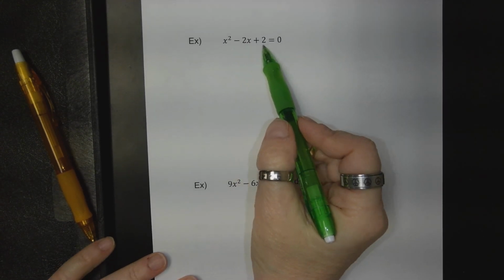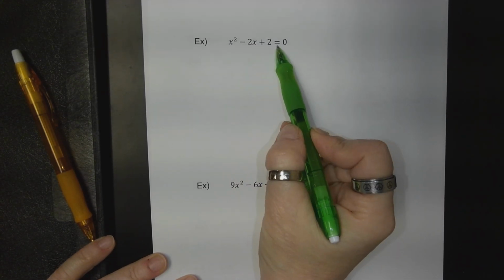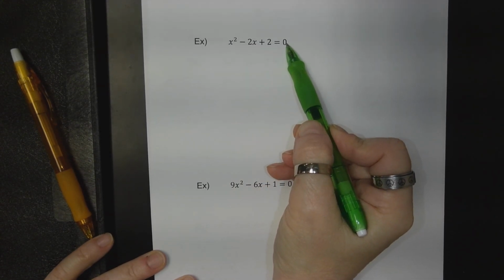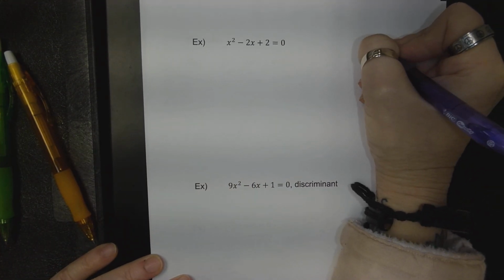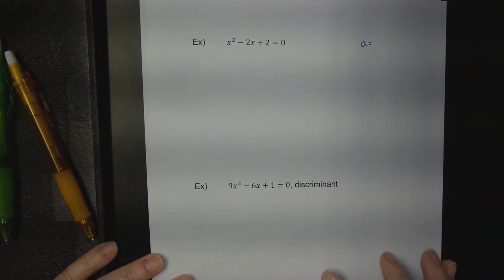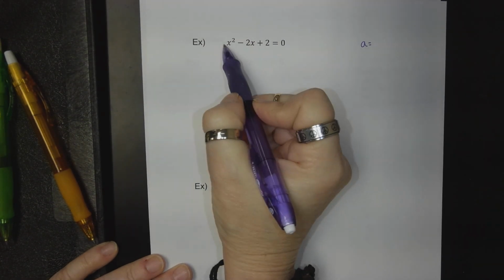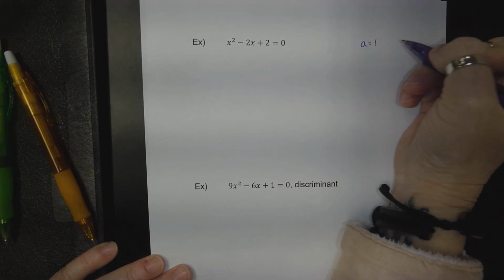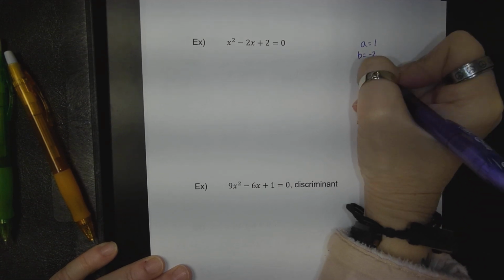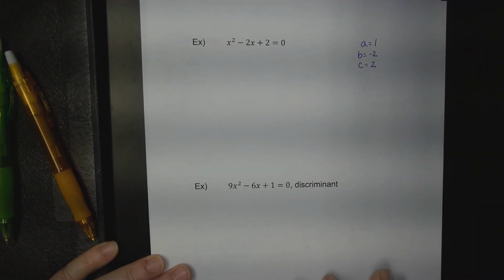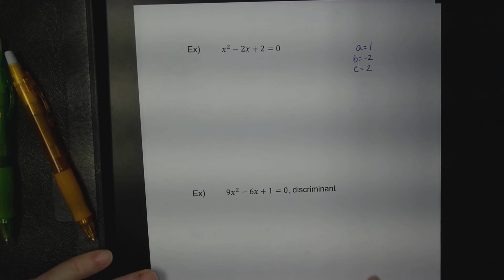Once again, it is already in standard form because we have a polynomial equals 0. So let's just go ahead and identify a, b, and c. What does a equal? There's an implied 1 here, so a equals 1, b equals negative 2, and c equals 2. So we'll just plug and chug once again.